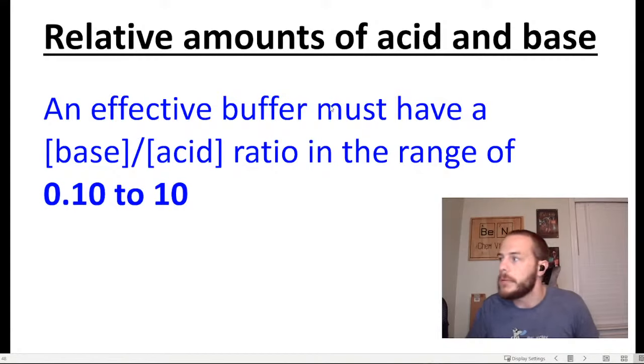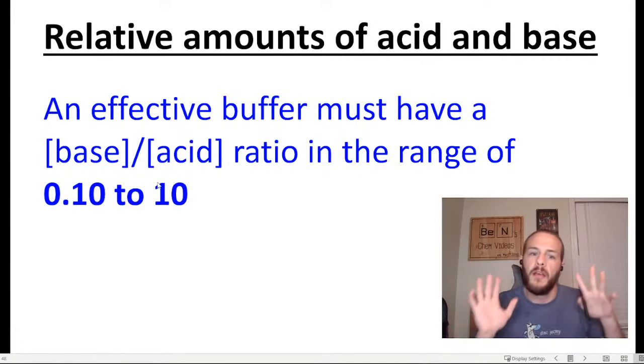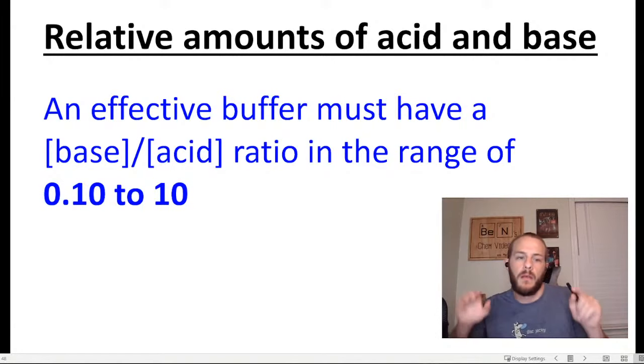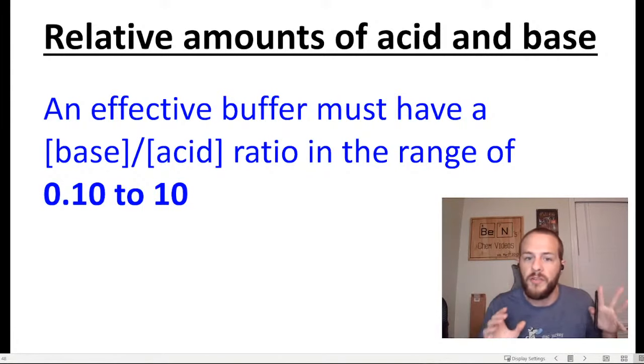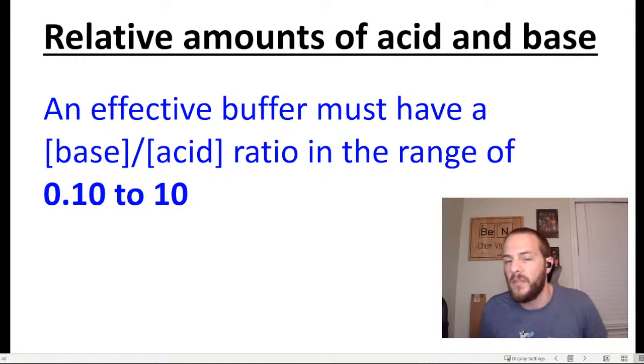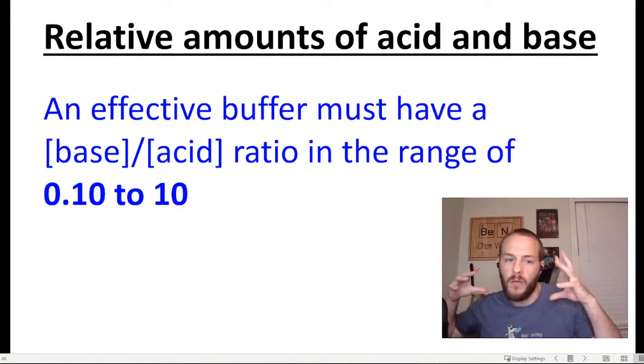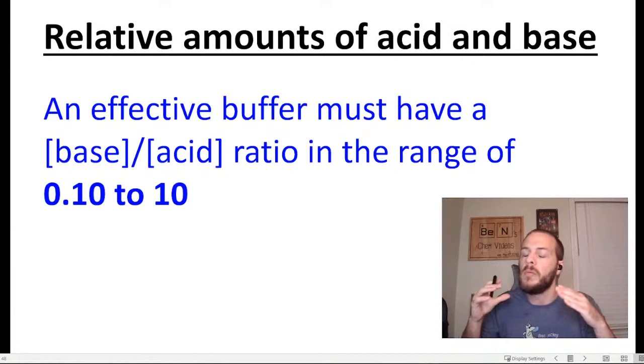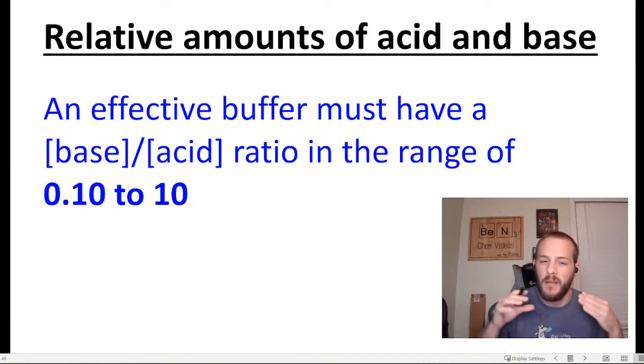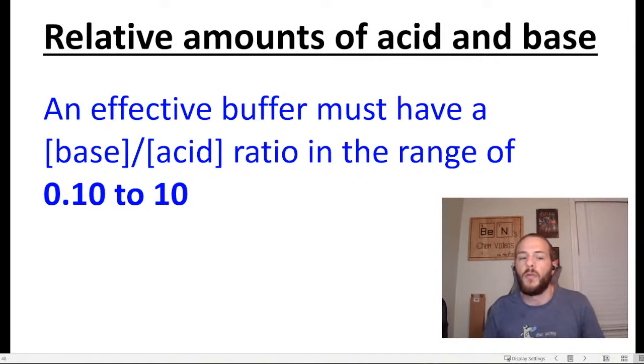And as a general guideline, for a buffer to be considered effective, the concentration of base to concentration of acid ratio has to be in the range of 0.10 to 10. In other words, the acid can be no more than 10 times more concentrated and no less than 0.10 times as concentrated as the base.